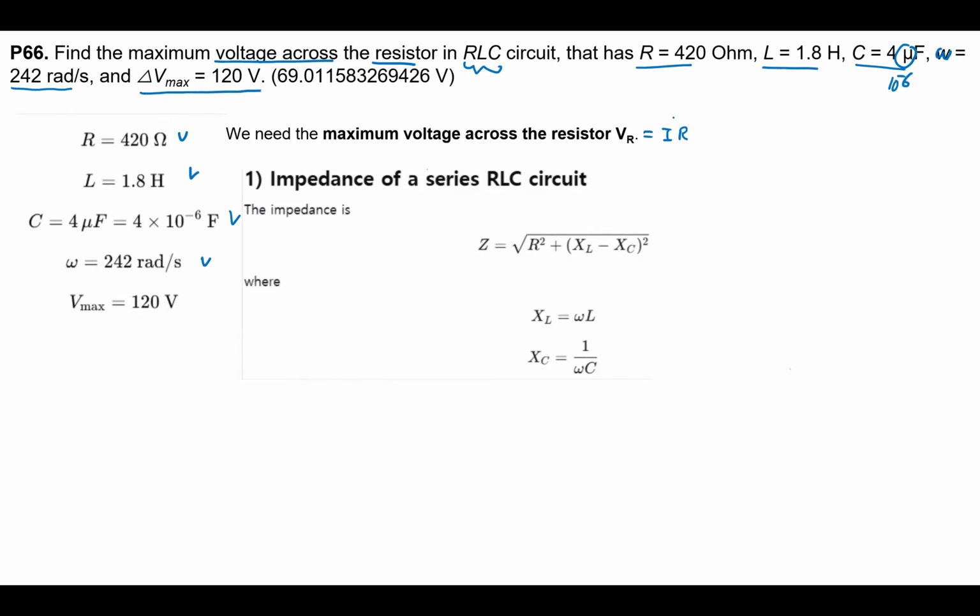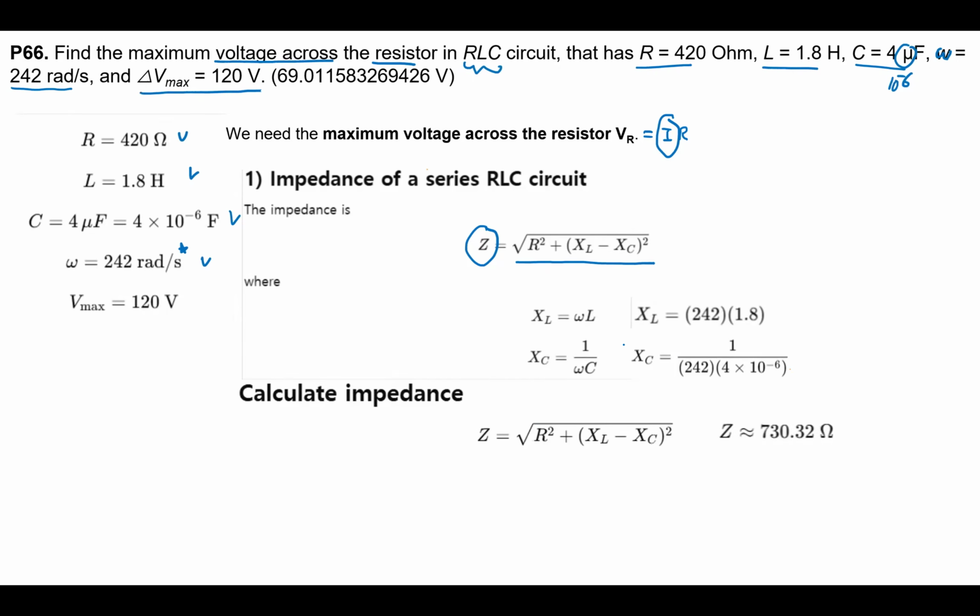And to find the current, we should come up with the total impedance. Impedance is given by this one. Omega is known, L is known, C is known, then we know XL, XC as well as R. So we know the impedance is about this much.